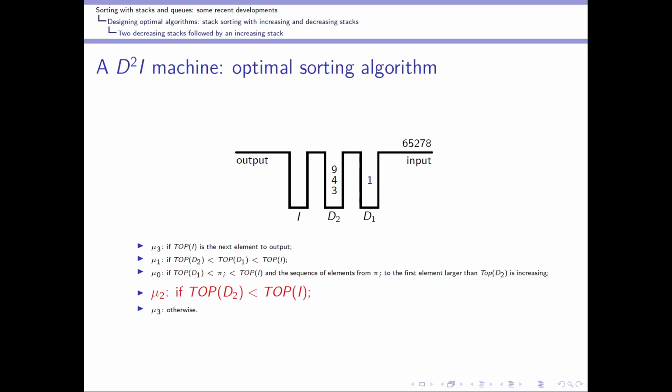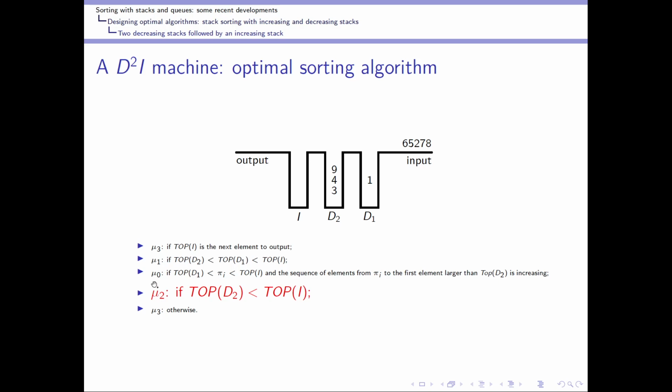Finally, one more interesting case is this one. In this case, there are 3 possible operations. You can perform either mu0 or mu1 or mu2. But in this case, you cannot perform mu1 because, for instance, the top of D1, which is 1, is not bigger than the top of D2, which is 9.